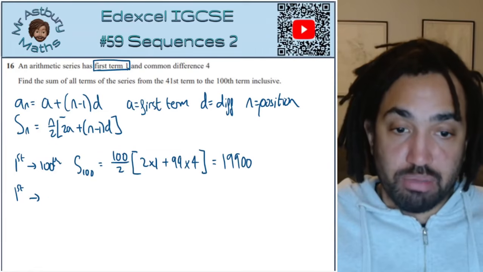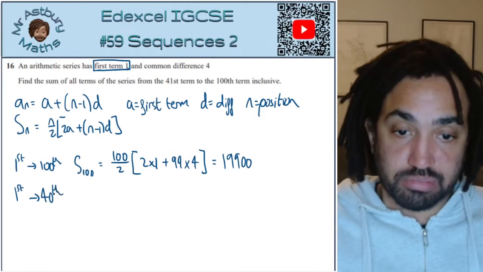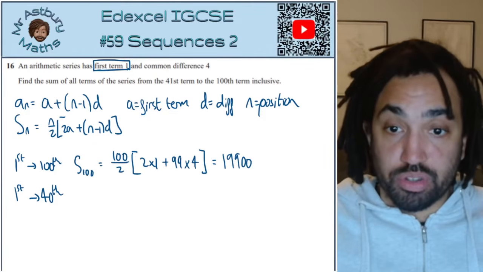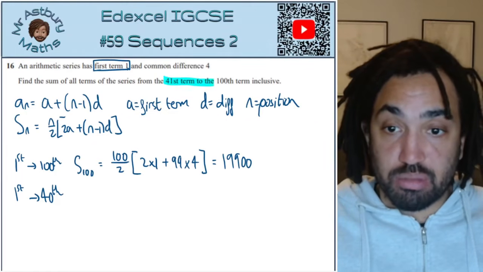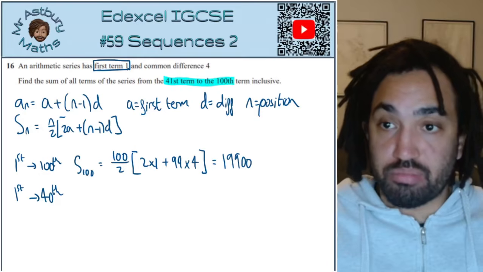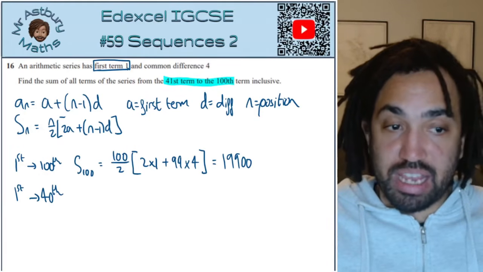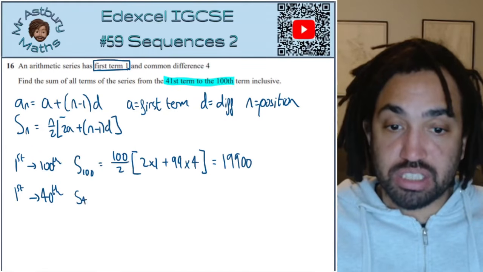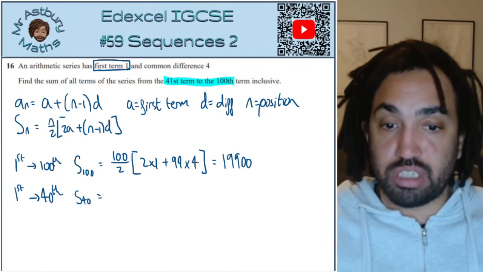So the first term up to the 40th term. And the reason why I'm doing that is because I want the 41st term up to the 100th term. So I'm going to take away the first term up to the 40th. And that's going to leave me starting with the 41st term.